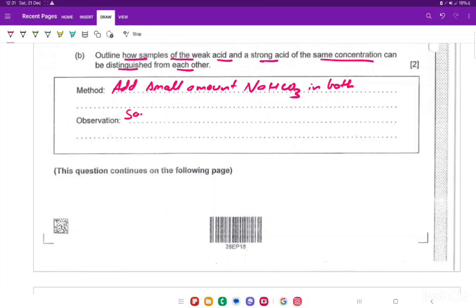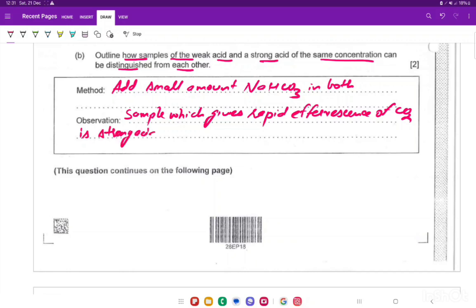Observation is, the sample which gives rapid effervescence of CO2 gas is a strong acid, and the sample which shows slow release of CO2 will be my weak acid.